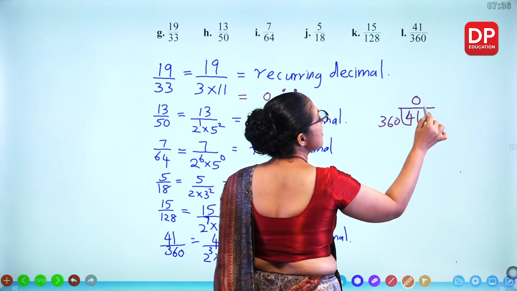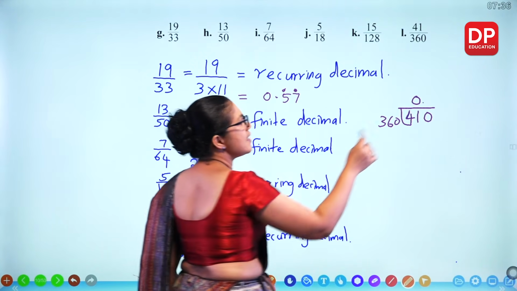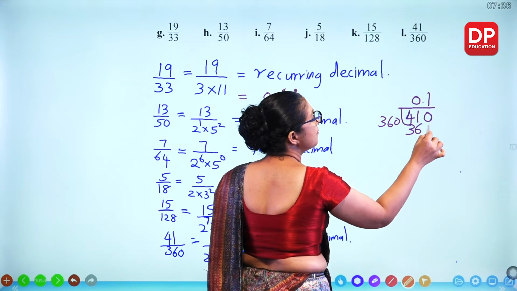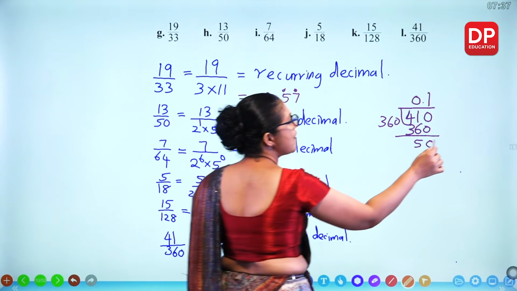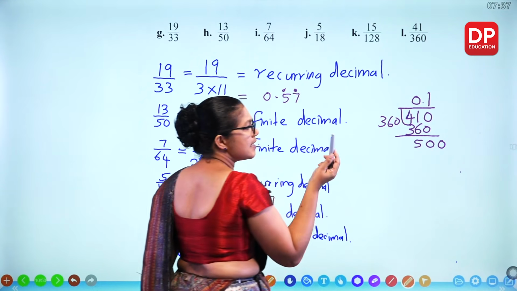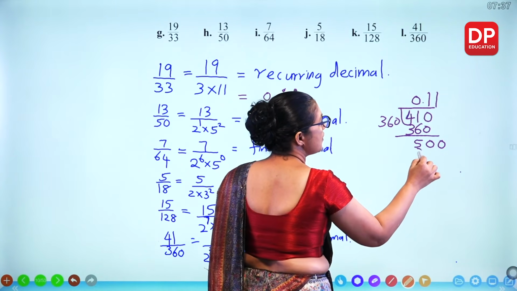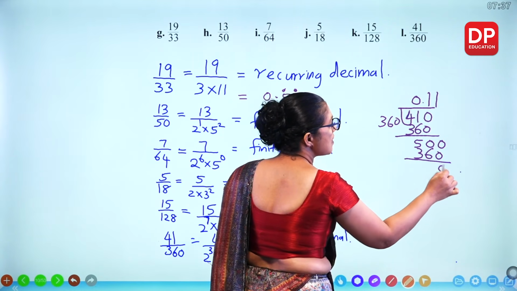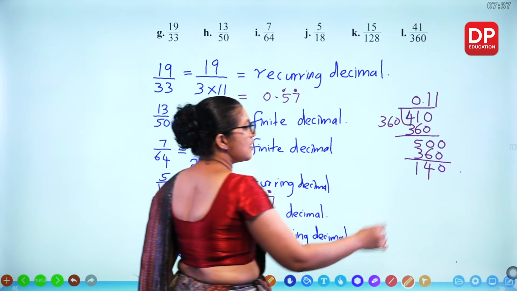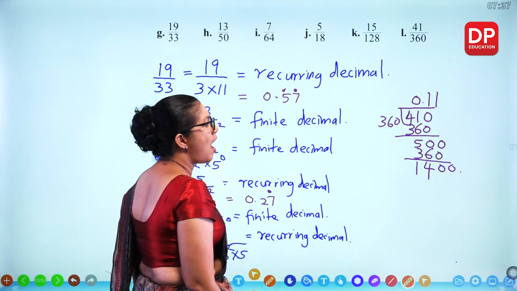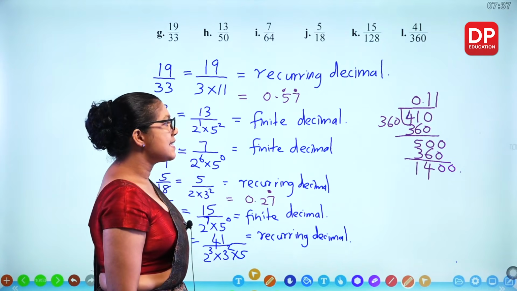This is nothing. For 410, it's 1. When you subtract, you get 50. For 500 again, you are not getting double, so this is 1. 360. Subtract 140. For 1400, how many 360's are there?